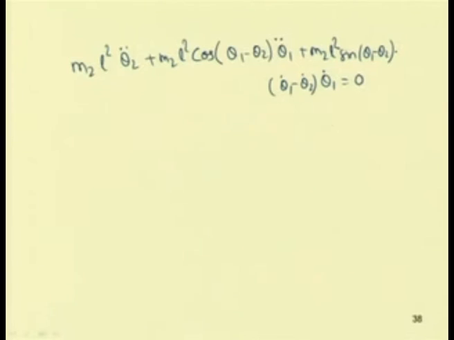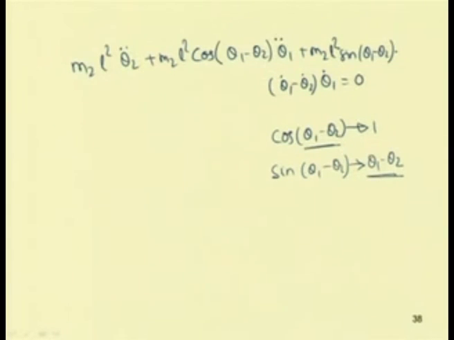So, in this case you can see that when theta 1 and theta 2 are very small, then theta 1 minus theta 2 will be very small, and cos of it will tend to 1, cos 0 equal to 1, and sin (theta 1 minus theta 2) will tend to theta 1 minus theta 2.